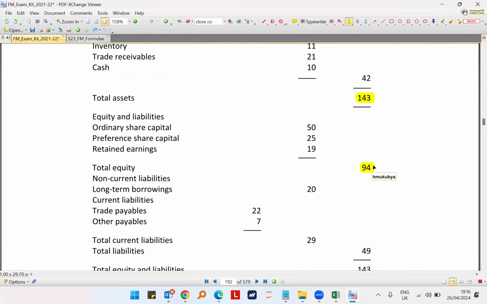So now we have total assets of 143 million. Then we have total liabilities of 49 million. Now here is where sometimes we actually go and also consider the equity section, which would have been 94 million, no problem. But you see what we are going to assume, because these preference shares have fixed interest or fixed dividend.